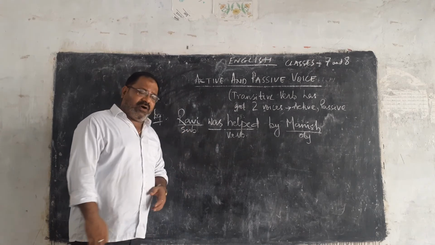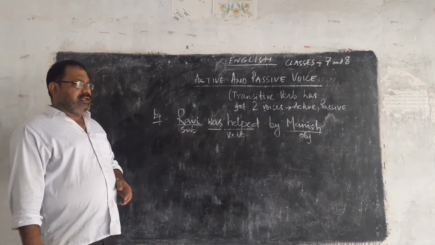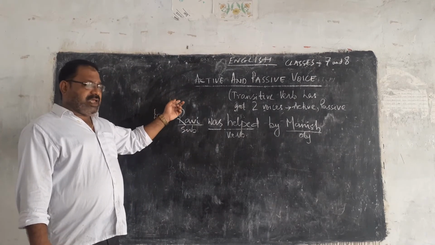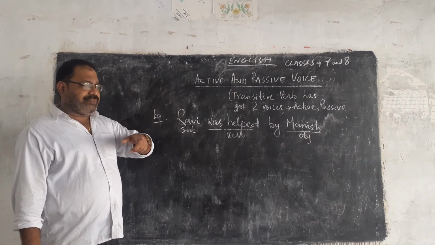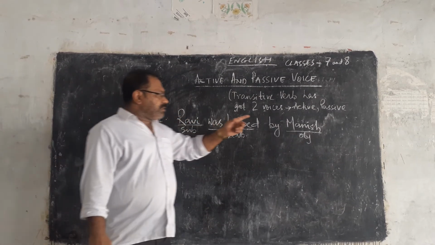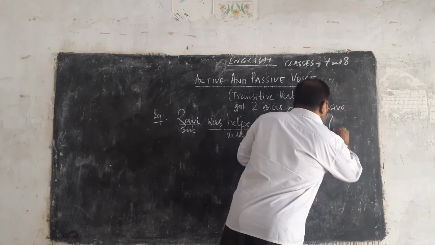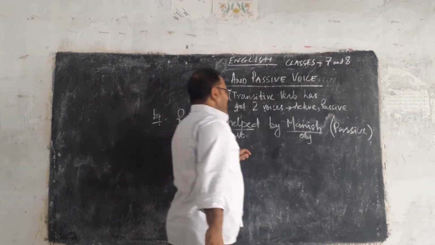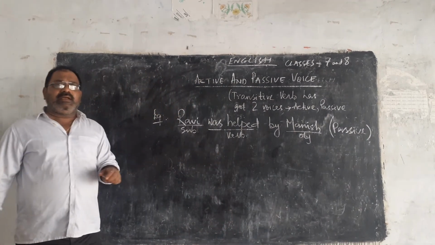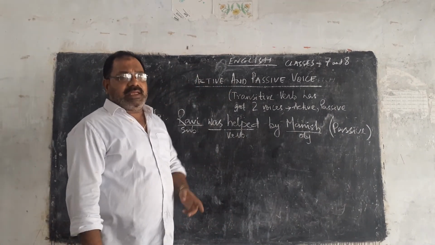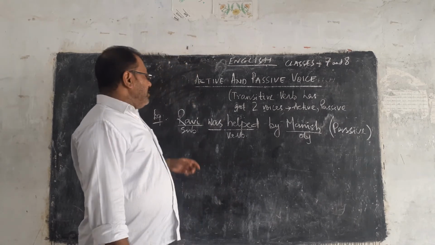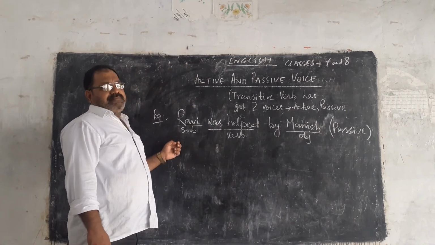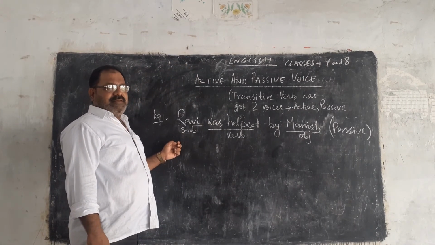The subject of the active voice becomes the object in the passive voice, whereas the object in the active voice becomes the subject in the passive voice.